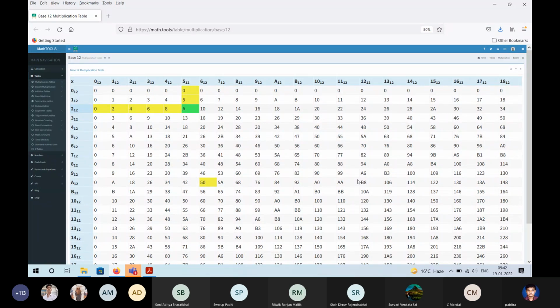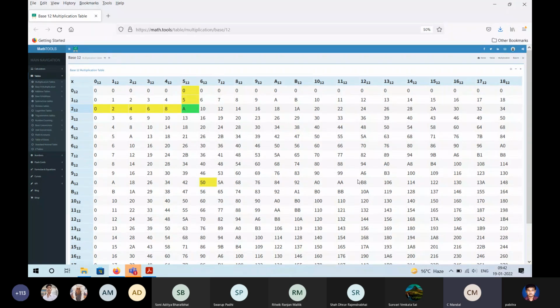Maybe they can use this multiplication chart. No, I use this multiplication chart only. I think we'll have to improve the slides.